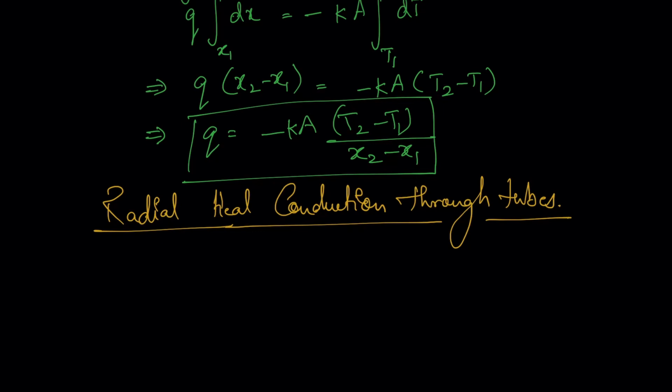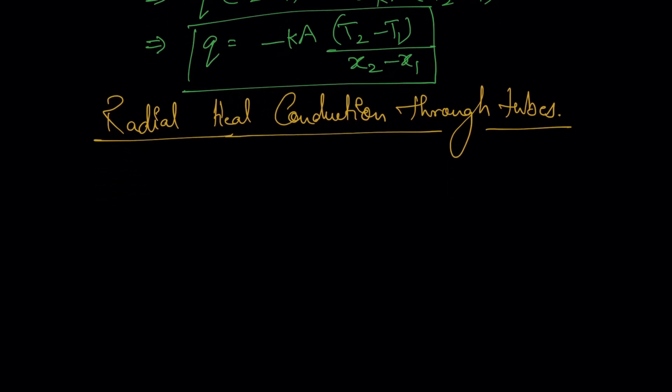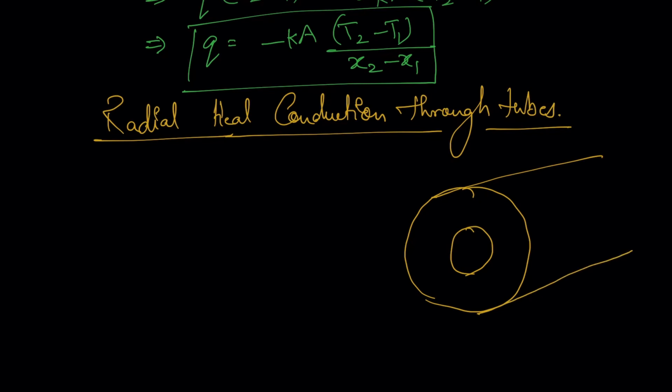So we are just assuming that the heat is flowing radially. Okay, so let's draw a figure. Suppose this is a cross section and this is a tube, and inner radius is r1, outer radius is r2. Inner temperature here is T1, outer temperature is T2 at the surface.